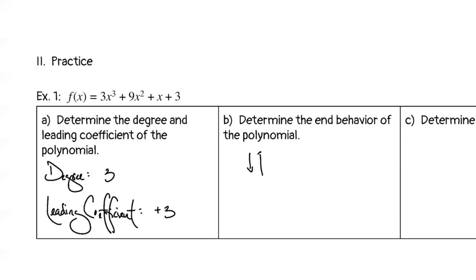Down, up, or up, down. Which one of these is it, and how do we know? Down, up, because the leading coefficient is positive.